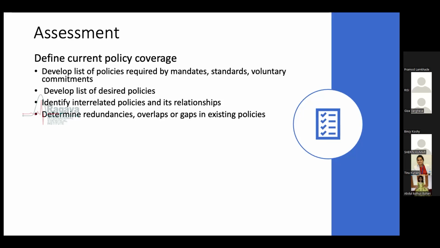There may be some standards saying there must be a policy and procedure in place to manage medication dispensing. So it is mandated by this particular standard and criteria. You have to extract the list of those requirements from the standard set and prepare a list of needed policies as per the mandates.